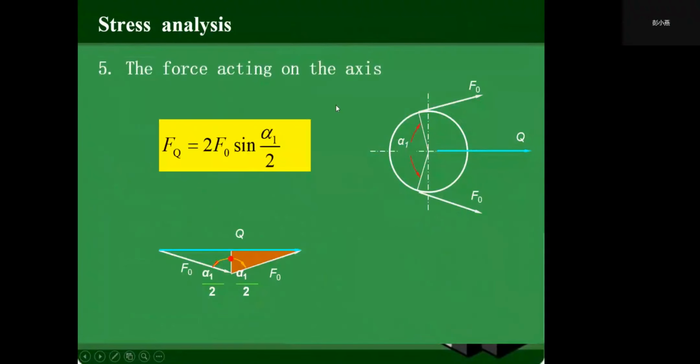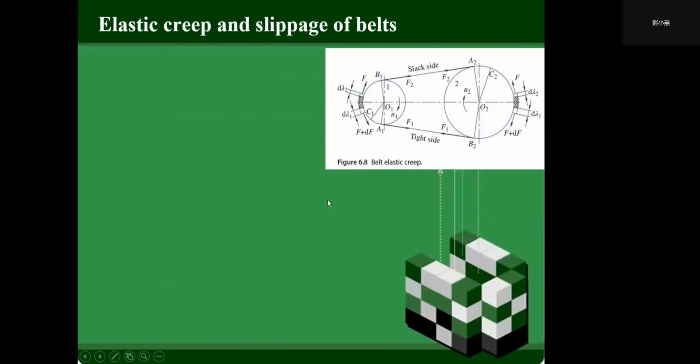The pulleys are mounted on the shaft, so the force acting on the axis means the force acting on the shaft, and we can calculate the force acting on the axis FQ. Use this to calculate.